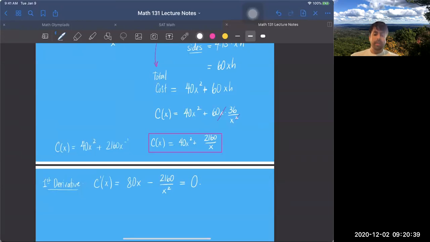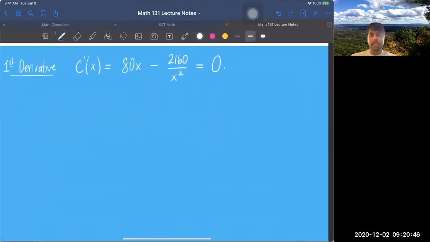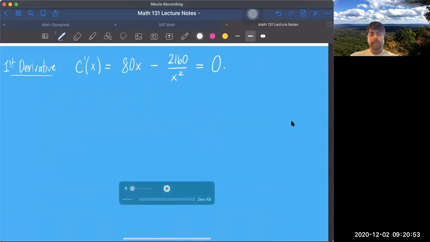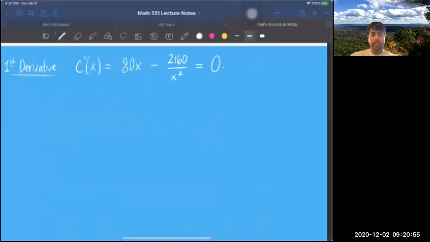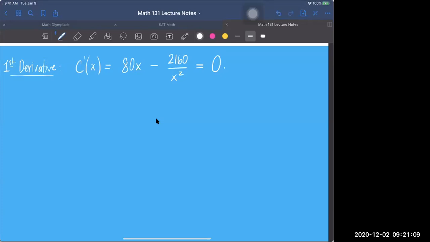And I want to solve. So can I solve this? How do I go about solving this? Move one of them to the other side.